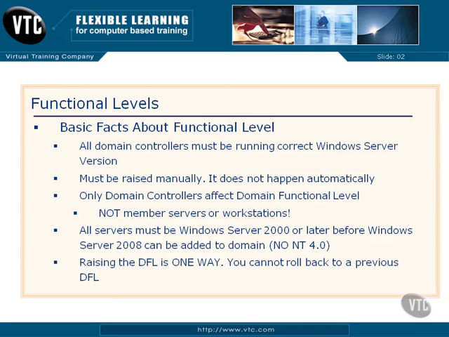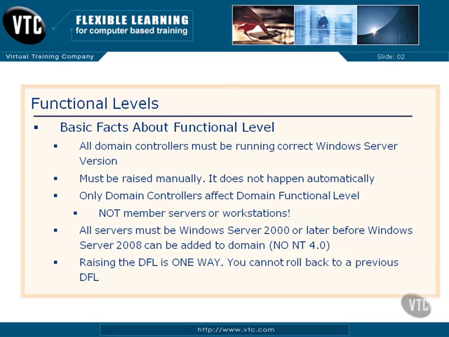Then here's another one you've got to watch for. Once you raise the domain functional level, or even the forest functional level for that matter, it is a one-way change. You cannot roll back to a previous level. You've got to start rebuilding Active Directory all over the place. That's not going to be a good week. Really the rule is you don't want to raise to the next functional level just because you have all your servers at that point.